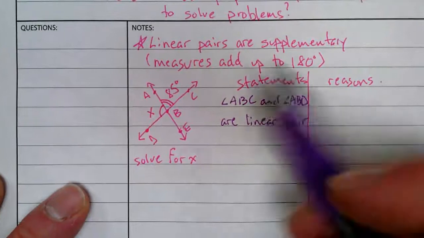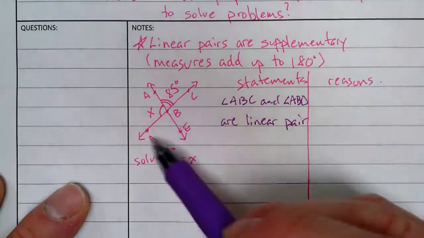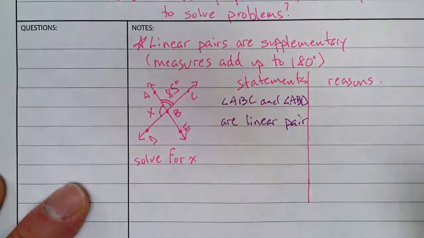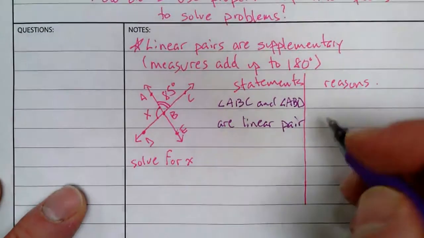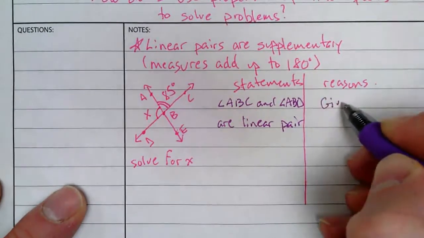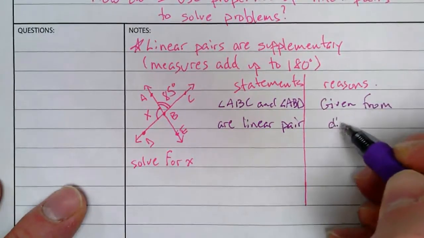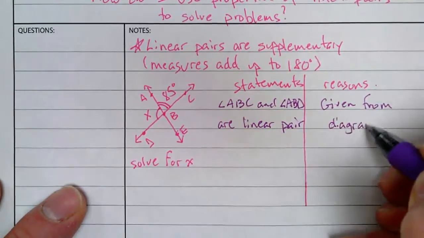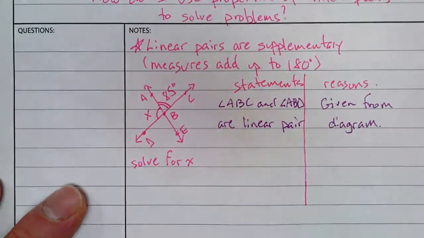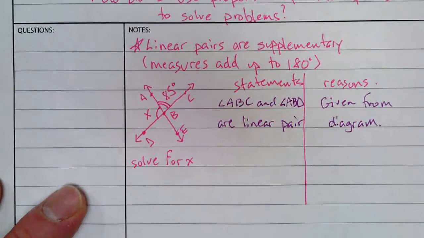How do we know that? We can just tell in the diagram. This is a straight line. These two angles make a straight line. So that's just from the diagram. We're going to write given from diagram.